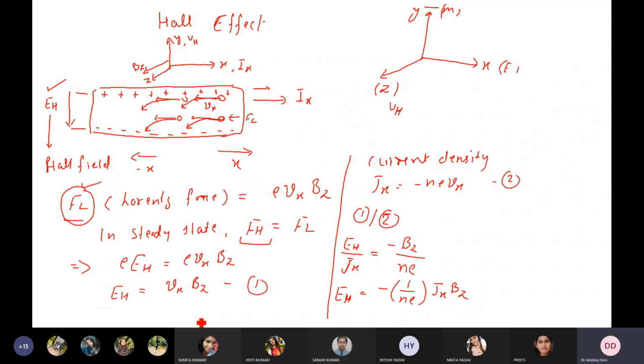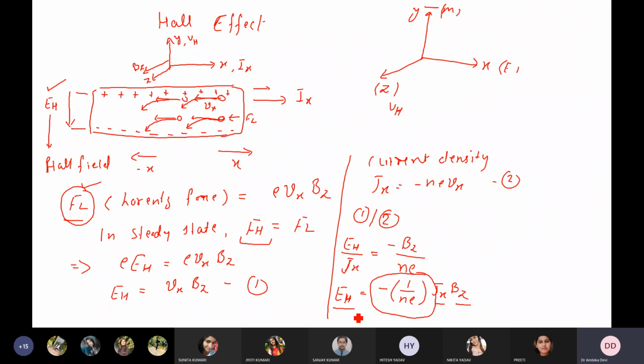So what does it mean? It means that the Hall field, which is the internal field of the specimen, produced due to the external Lorentz force, is proportional to the applied current as well as the applied magnetic field, right? So the Hall electric field produced is proportional to the applied current and the applied magnetic field, and this is known as the constant of proportionality, right?